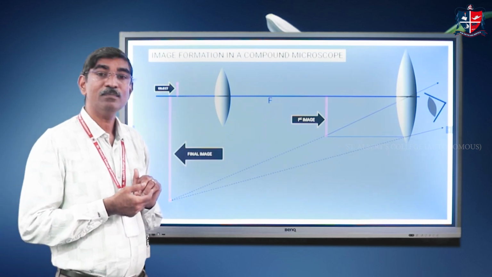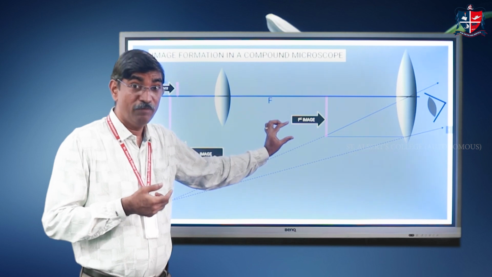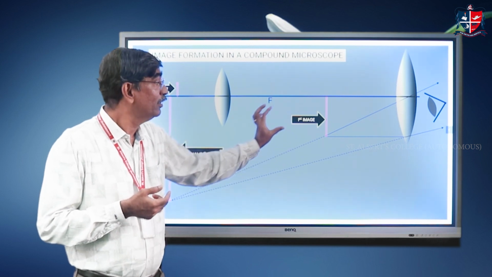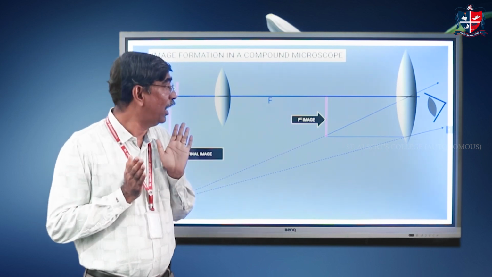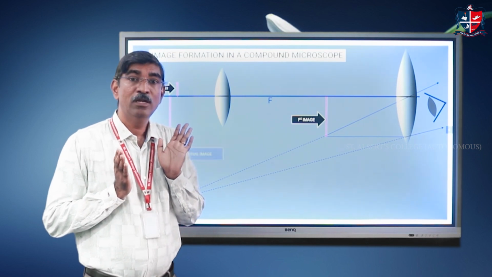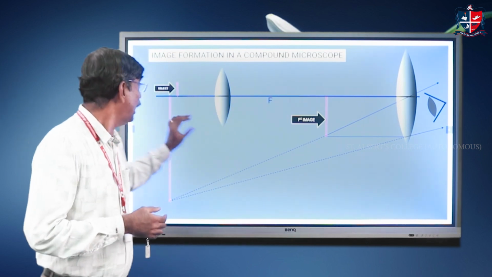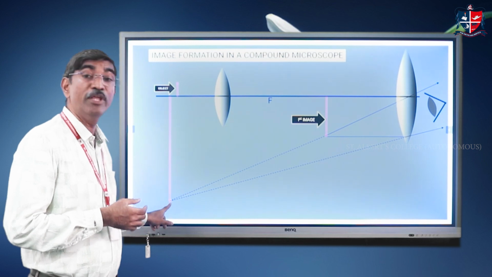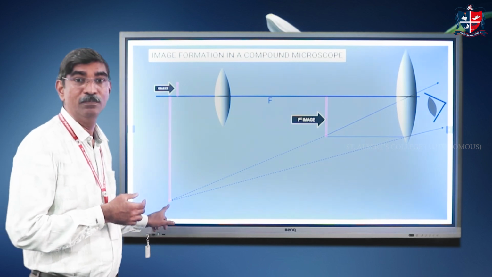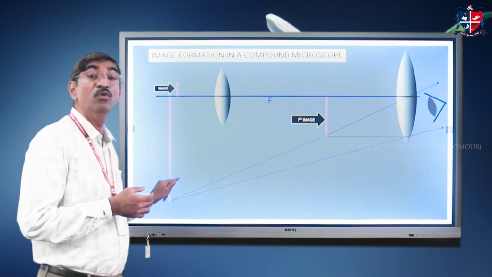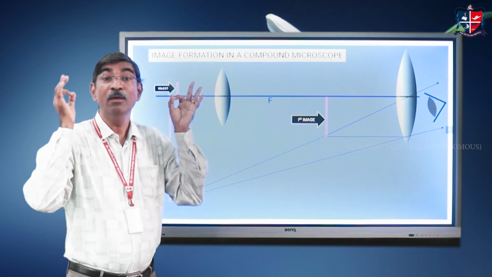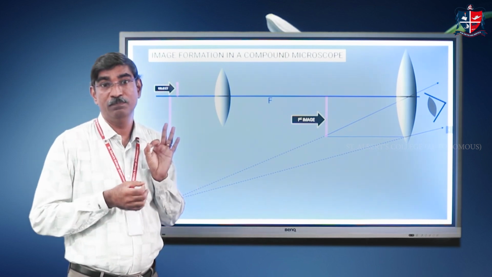See, here, as we have already seen, the light rays are diverging, but they appear to originate from this point, and there you will get a highly magnified image.